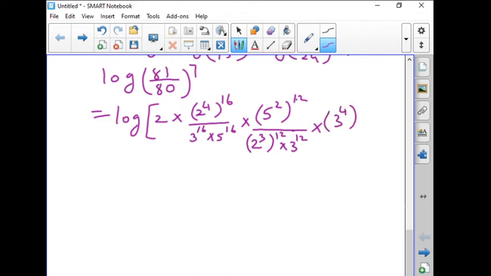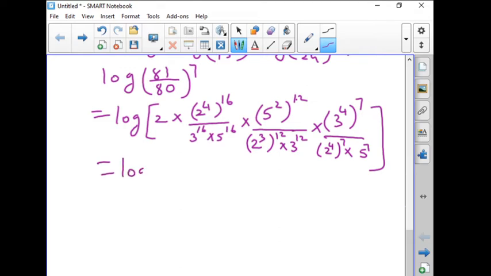So, (3 power 4) power 7 by 80 is 16 into 5. 16 is 2 power 4. So, (2 power 4) power 7 into 5 power 7. Okay, using product rule we are writing all this.